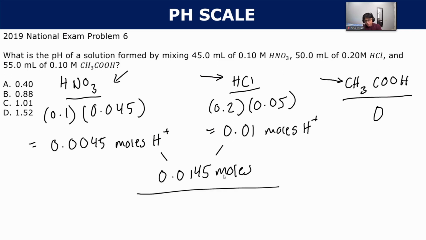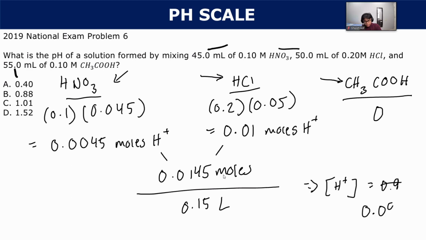So our liters, we know that it's going to be 45 mL plus 50 mL plus 55 mL. And that's 150 mL, which is 0.15 liters. And so if you do this calculation, 0.0145 divided by 0.15, our concentration of H+ ions is going to be 0.0967.